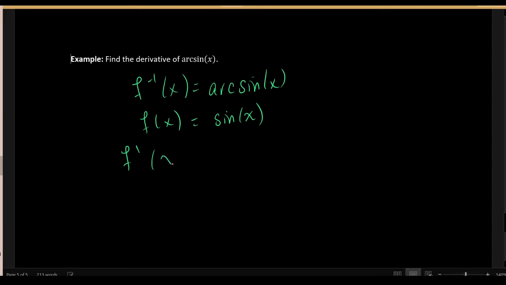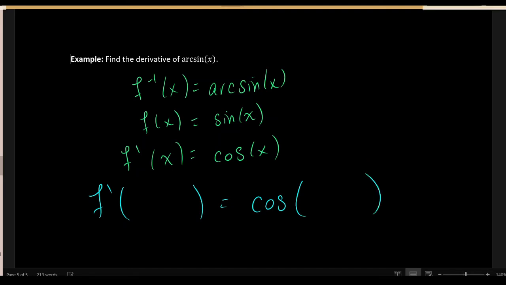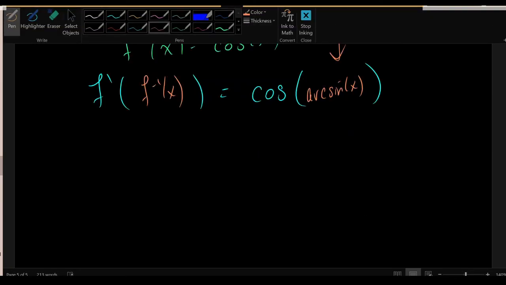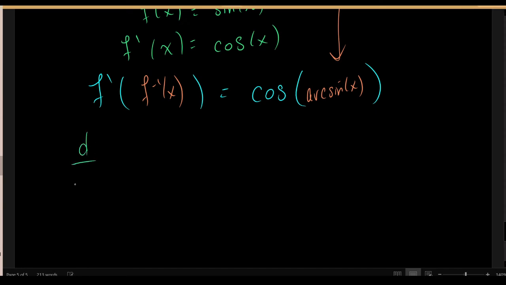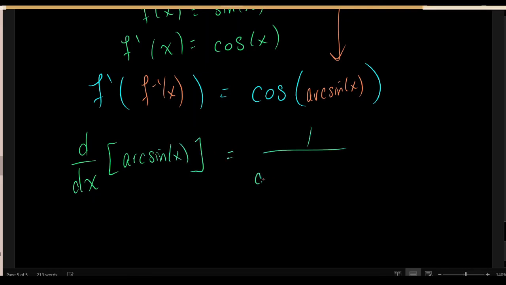We know that the derivative of sine is cos, and therefore if we take f prime, if we take cosine and replace the x with f inverse, replace the x with arcsine, if we then reciprocate that, that's going to be the derivative of arcsine. 1 divided by cosine of arcsine of x.